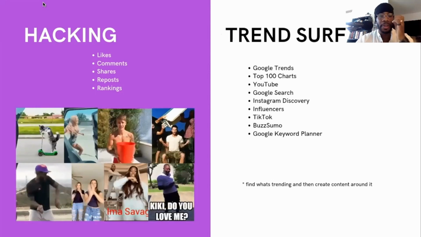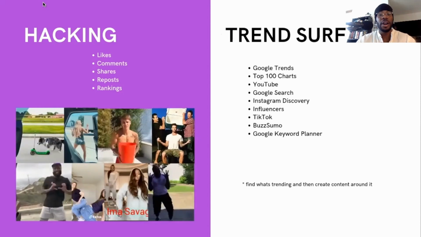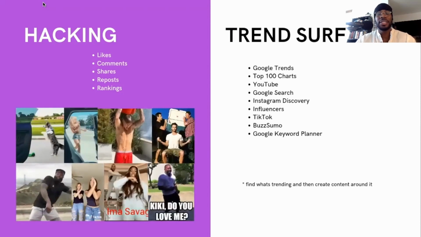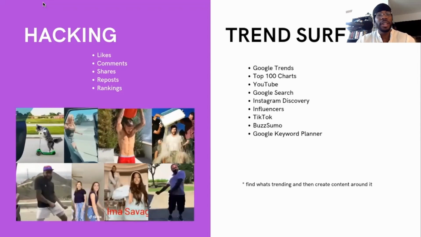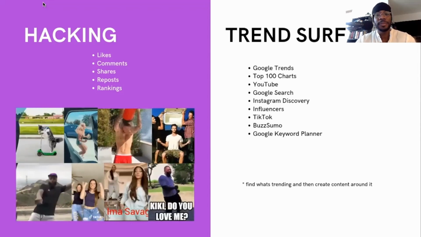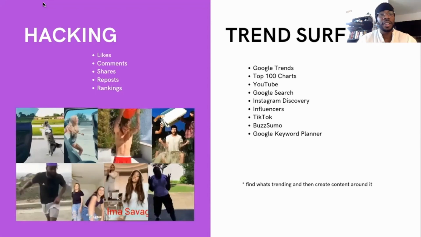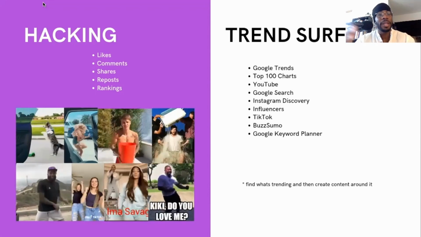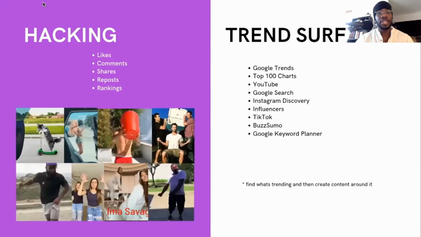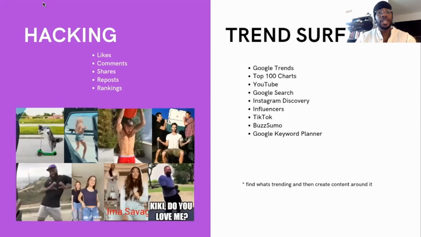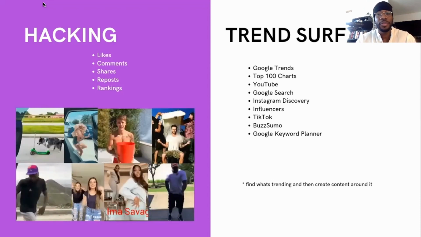You can go to Beatport, you can go to Billboard Top 100, or to an artist's top 10 tracks on Spotify, and start studying what is working for them when it comes to music. You can do a Google search. If you start typing a word in the search bar, it'll start populating other recommendations. This means that these recommendations are high search volumes. There's also Instagram Discovery, which only pushes content that's pretty much going viral.